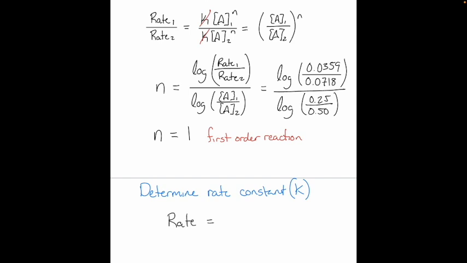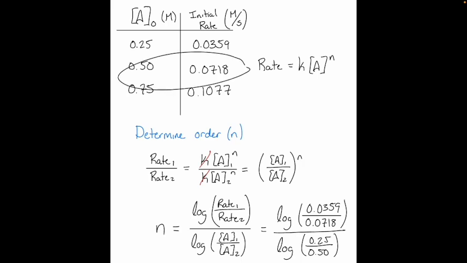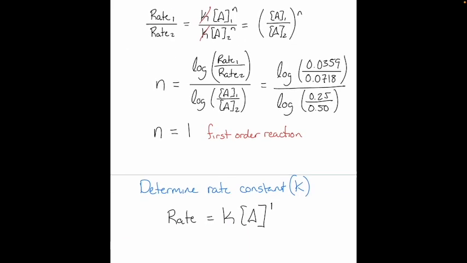Rate equals k times A to the 1. Now we just need to grab a data point. Doesn't matter which one.